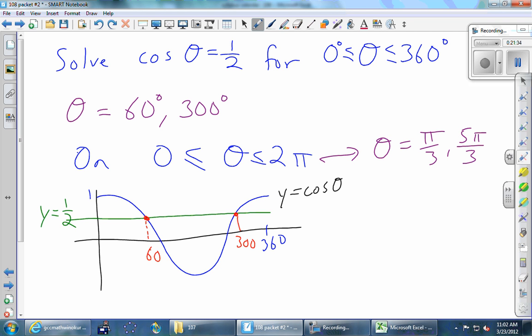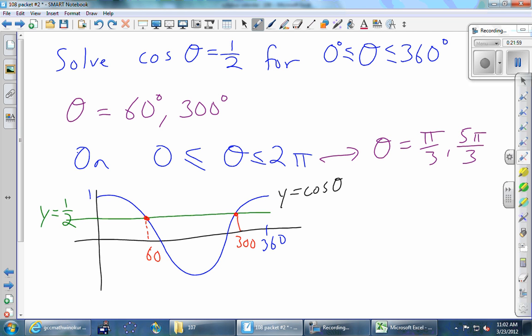There is one other extreme and that's at the top, right? It hits the top once here at the beginning. Whether or not we include the 360, it depends on what the question asks. But I just want to point out that any number you pick, you're going to find 2 solutions, unless you happen to be at the really special extremes, the -1 and the +1. Suppose I said cosine of theta equals 5.